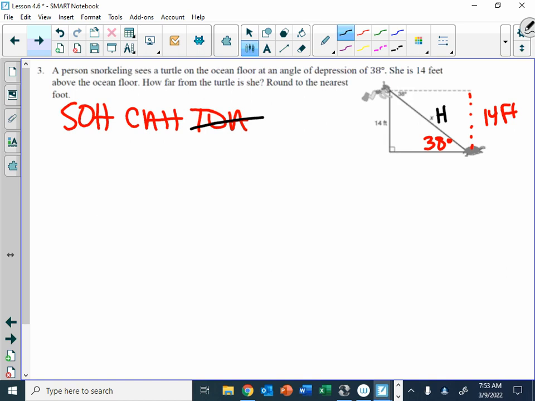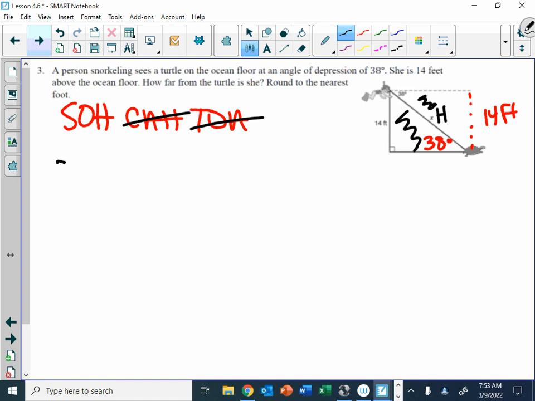Is it opposite or adjacent? Opposite. Depends on which triangle you look at. If you're looking at this triangle right here, you look at the 14 over here. If you're looking at this triangle, you look at the 14 over here. So regardless, it's opposite from 38. So opposite over hypotenuse, which one am I using? Sine. Good.